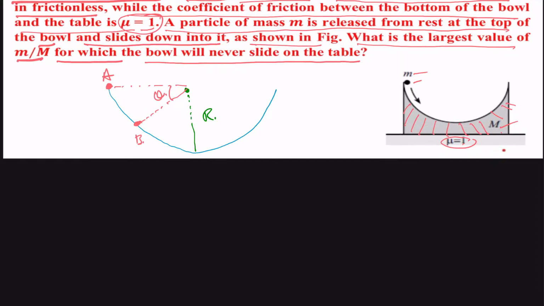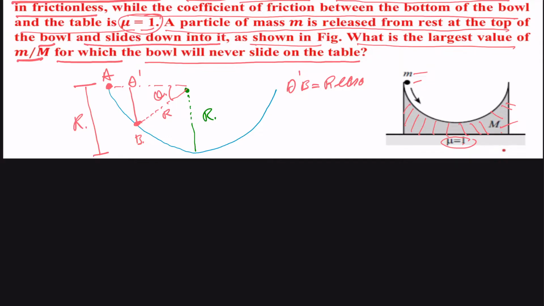Therefore we can say that the vertical drop of this, because this is our radius, let us call this a prime, so a prime b will be equal to r cos theta, and the total height of point A is nothing but our radius r.